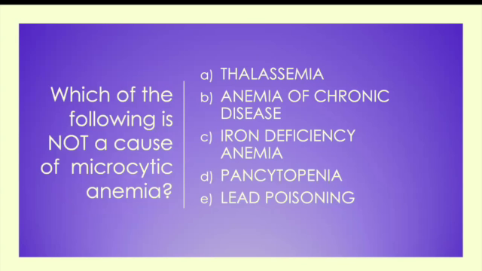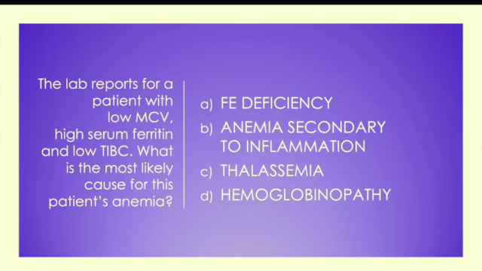So which of the following is not a cause of microcytic anemia? Which one do you think? Pancytopenia. The lab reports for a patient with low MCV, high serum ferritin, and low TIBC.